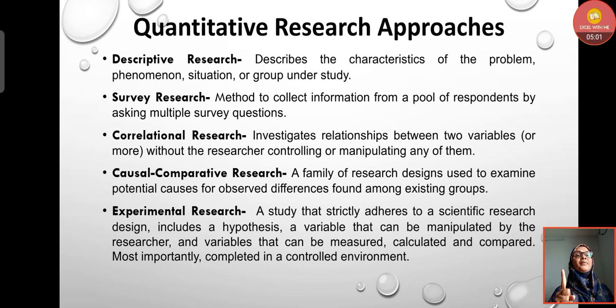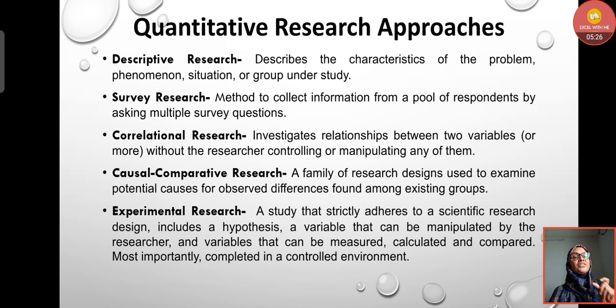Number one, descriptive research, as we all know, describes the characteristics of the problem, phenomena, situation or group under study. So we are going to describe the things here. Then survey research, a method to collect information from a pool of respondents by asking multiple survey questions. Survey itself tells you that through questions we get the information.